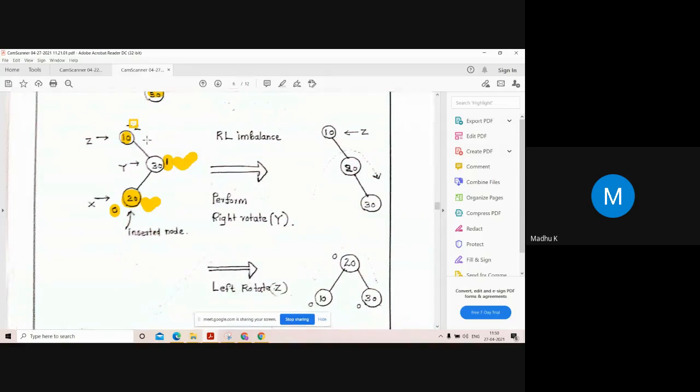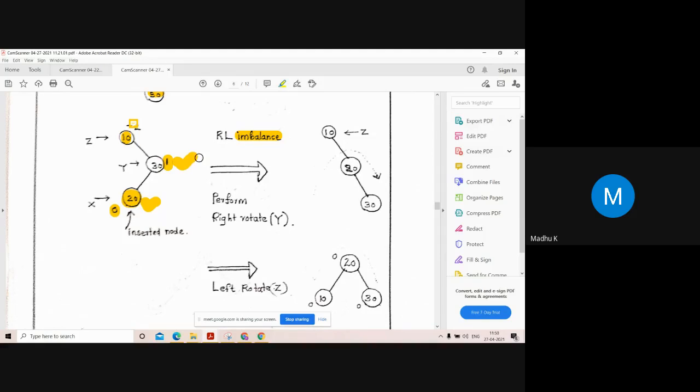What I did is, first I checked what type of imbalance it is. It is an RL imbalance. Why is it an RL imbalance? What is the RL type, and why is it called RL type?